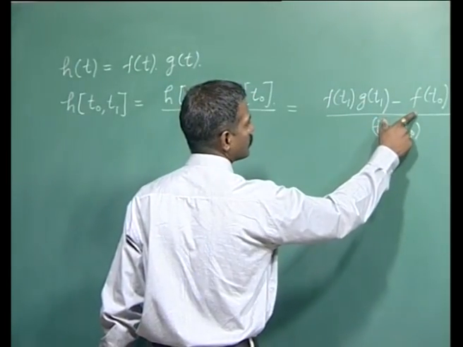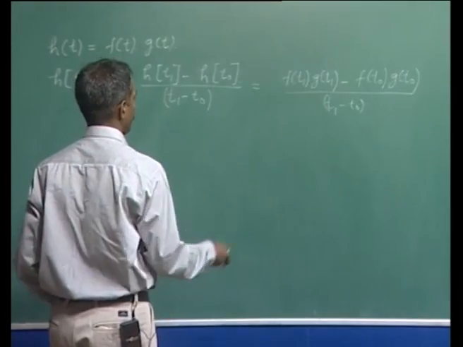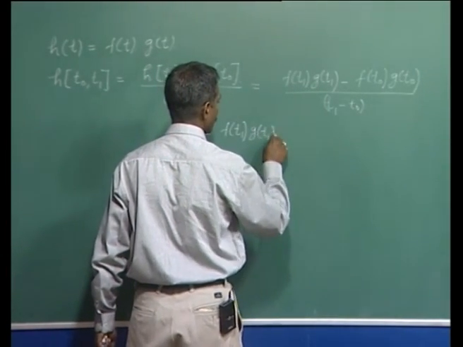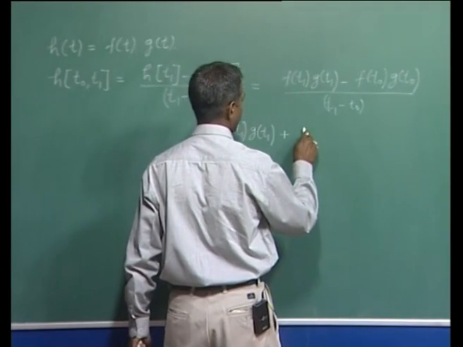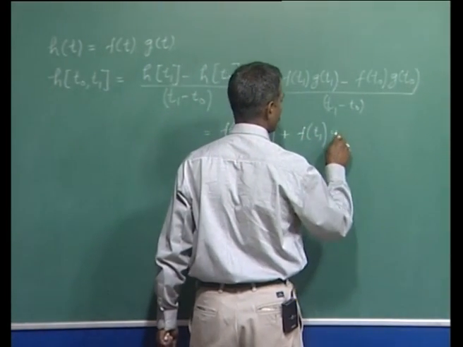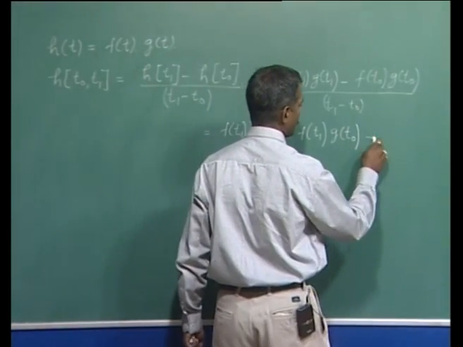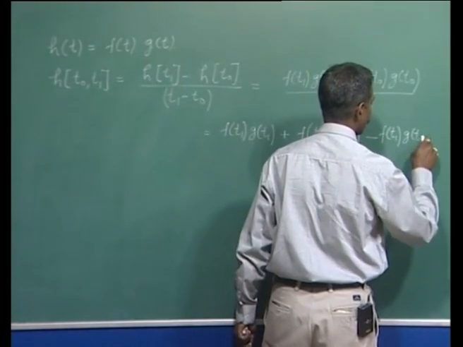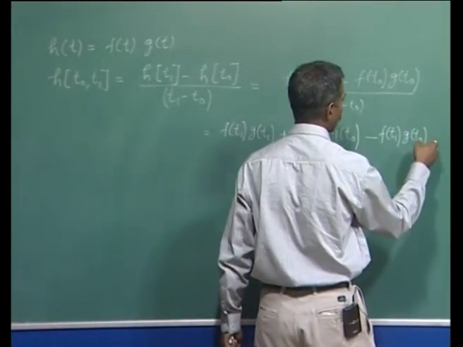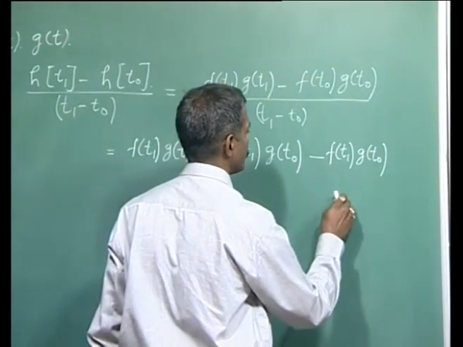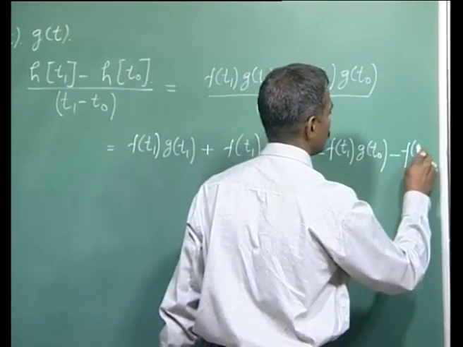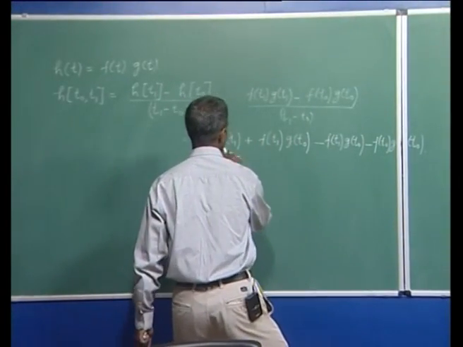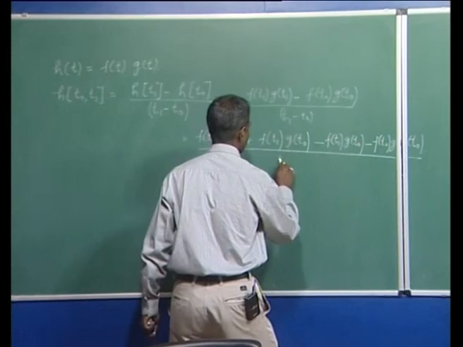I'll add and subtract one term here. I can write this as f(t1) g(t1) plus f(t1) g(t0), minus, I'll subtract the same term here, f(t1) g(t0), and I'll borrow this term from here, minus f(t0) g(t0), over t1 minus t0.